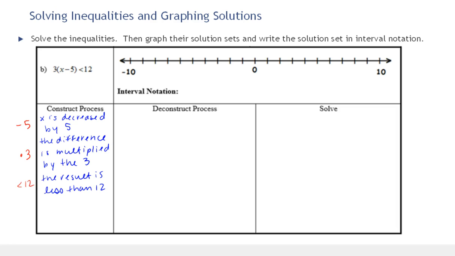We're going to start with 12. 12, instead of multiplied by 3, is divided by 3. Then that's a quotient. So the quotient is now increased by 5.